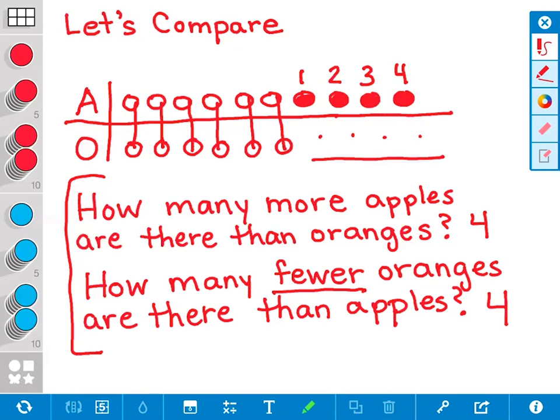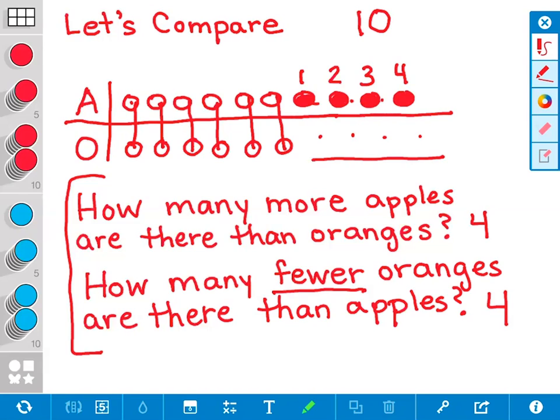Now, sometimes if you feel like you really are understanding comparing and you're thinking, well, I don't know that I always need a chart, you can subtract to find out how many more or how many fewer. You would do that by first looking to see what you have the most of, which is apples. 1, 2, 3, 4, 5, 6, 7, 8, 9, 10. I have the most of apples.